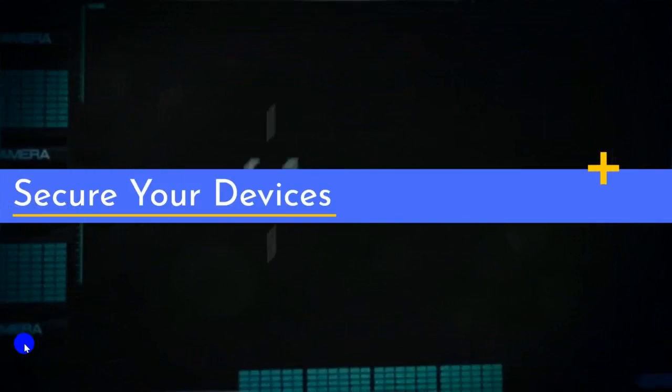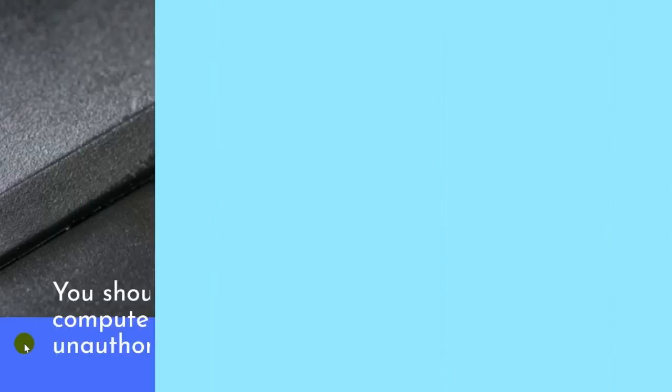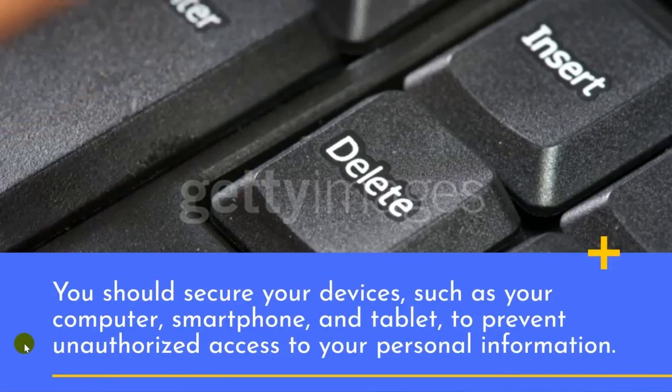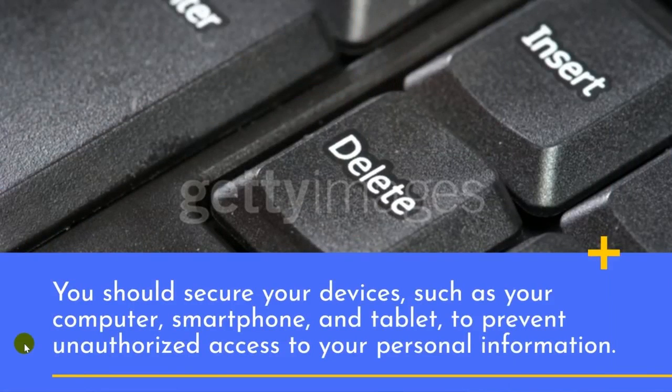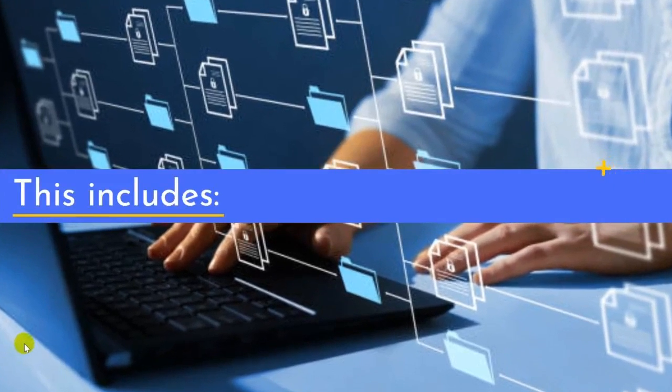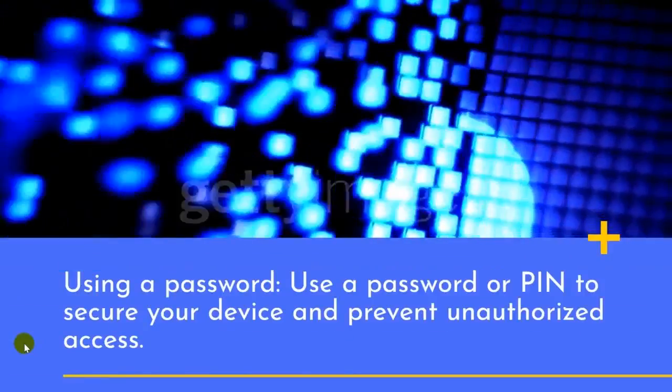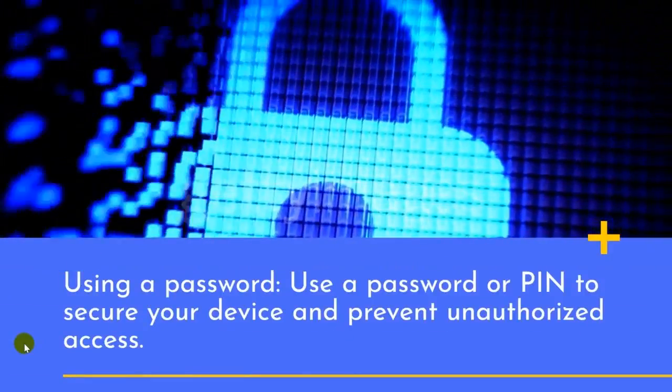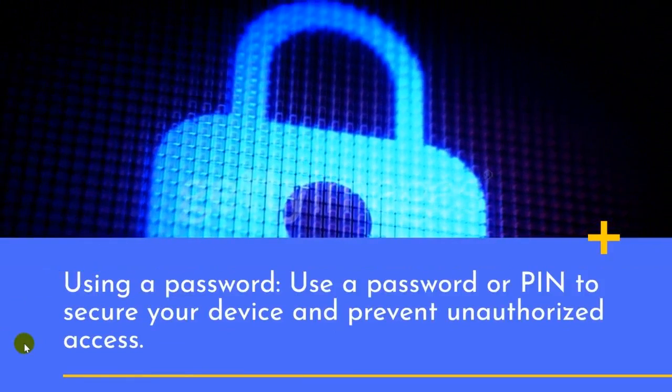Secure your devices. You should secure your devices, such as your computer, smartphone, and tablet, to prevent unauthorized access to your personal information. This includes using a password. Use a password or PIN to secure your device and prevent unauthorized access.